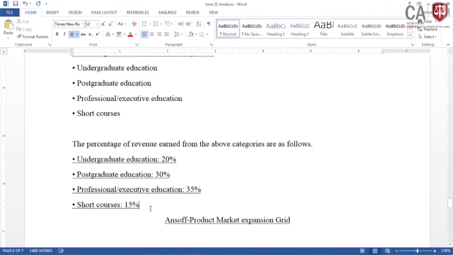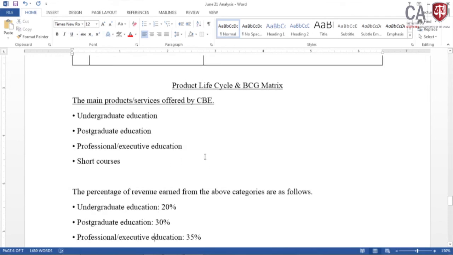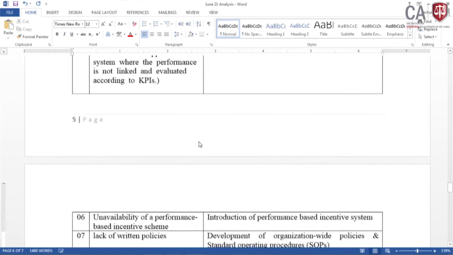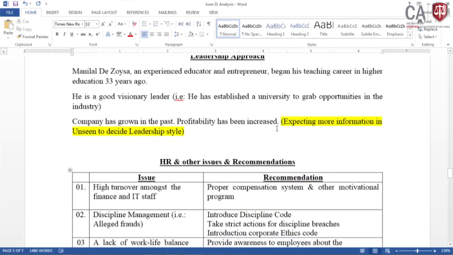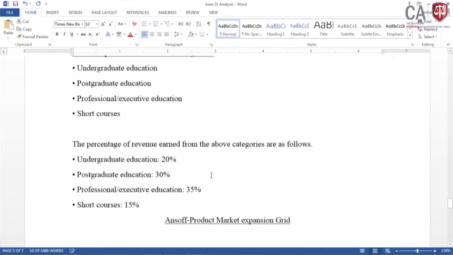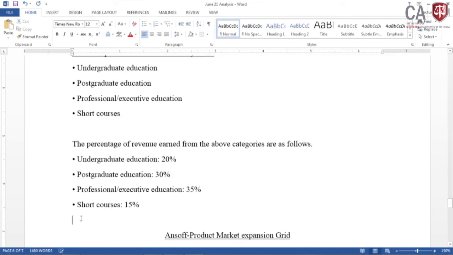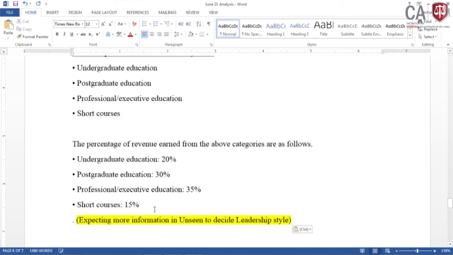We do not have those things. Therefore, we can't carry out product life cycle and BCG matrix here, but what you can say is that we expect more information in the unseen to decide this. That is the conclusion we can make.